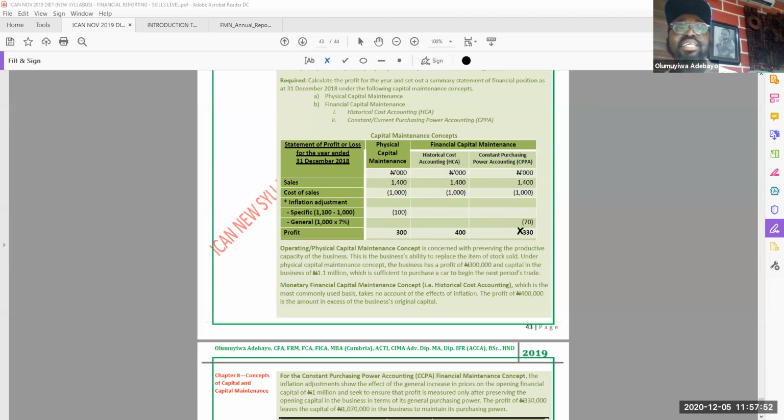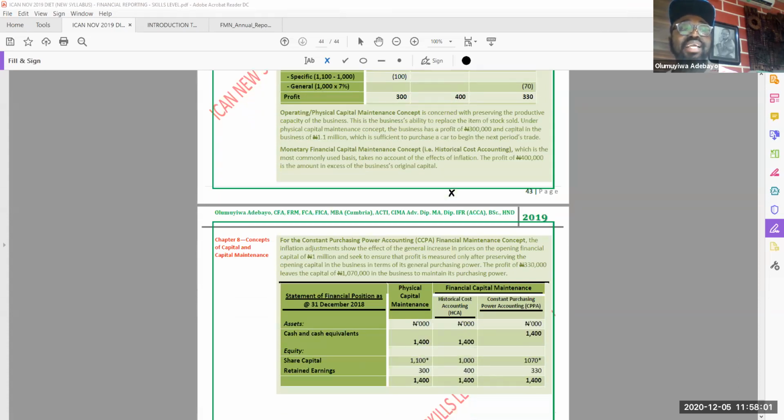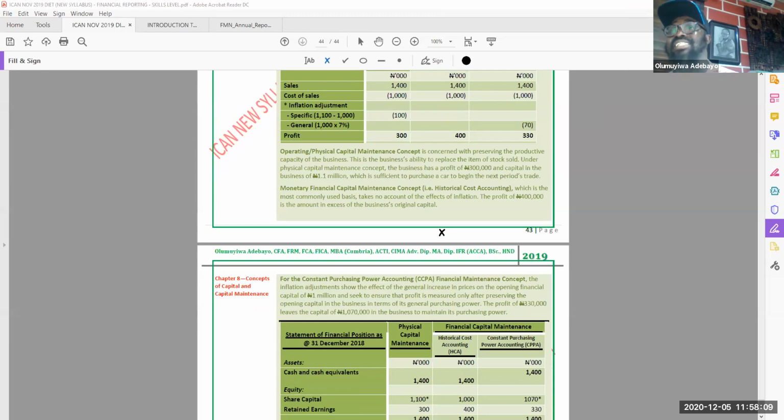But at least it's better compensated than historical cost, which means what the capital maintenance concept is saying is that inflation adjustment should be considered, especially for economies that have higher inflation rates, in ascertaining what form of capital maintenance they require and what amount of profit they have as a real profit for distribution after taking the effect of adjustment for inflation.